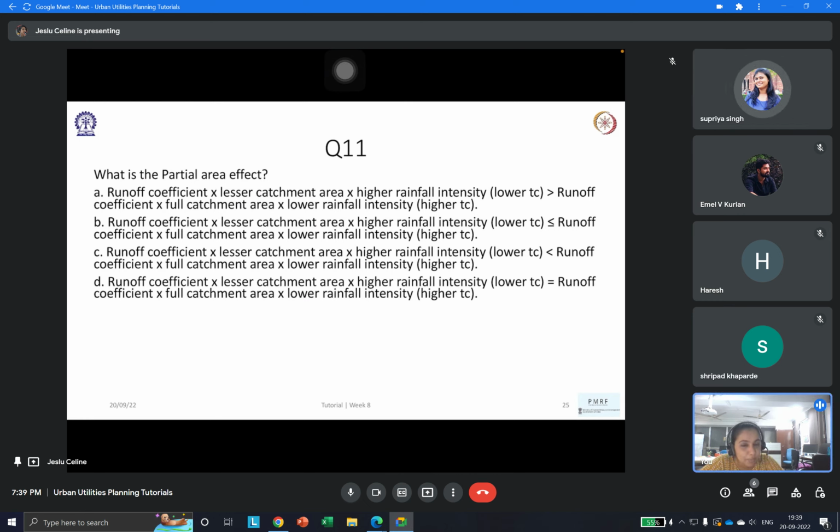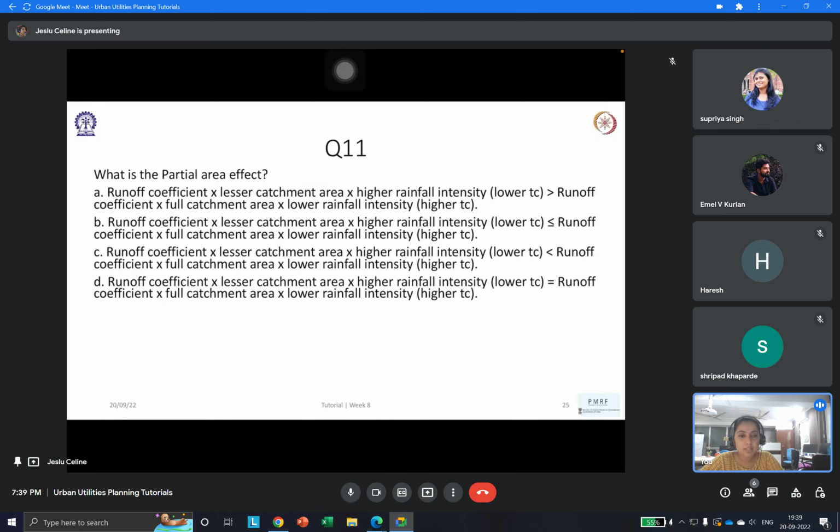Then option A is not right, right? No, option A is correct. I'm not able to give you the reasoning. It's somewhat similar, but I'm getting confused right now. Yes, we'll solve that confusion.